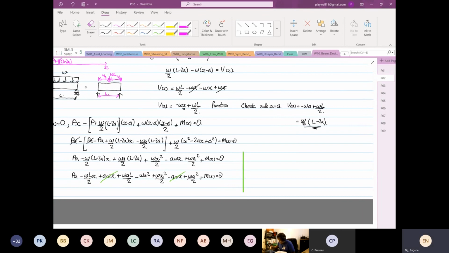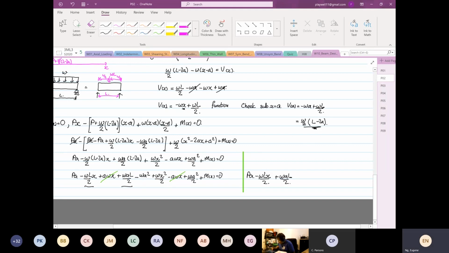So Pa still stays, nothing to do. So omega Lx over 2, is there any omega Lx? So we still have minus omega Lx over 2. We cannot get rid of anything. Then omega aL over 2, we cannot do anything, so these things will stay.